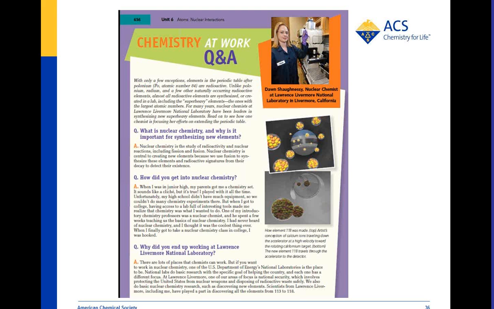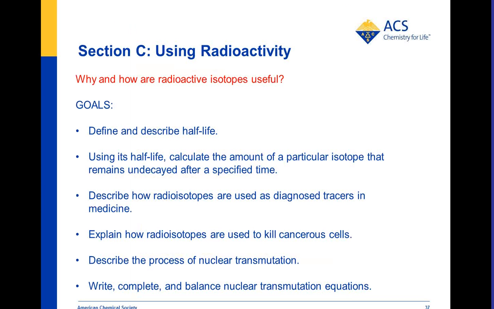And I'm going to turn it back over to Barb unless you have any other comments about B. No, I think that's fine. So let's move on to C, where we're really looking at the applications of radioactivity. Under the goals, in that first bullet, you'll see that we're going to look at half-life and radioactive dating.